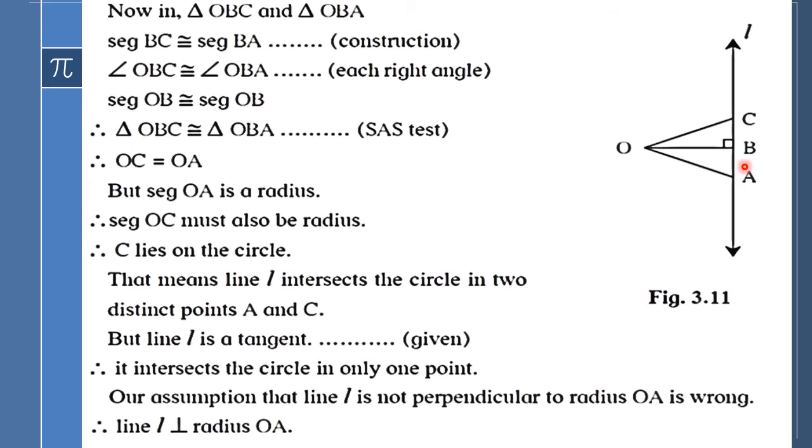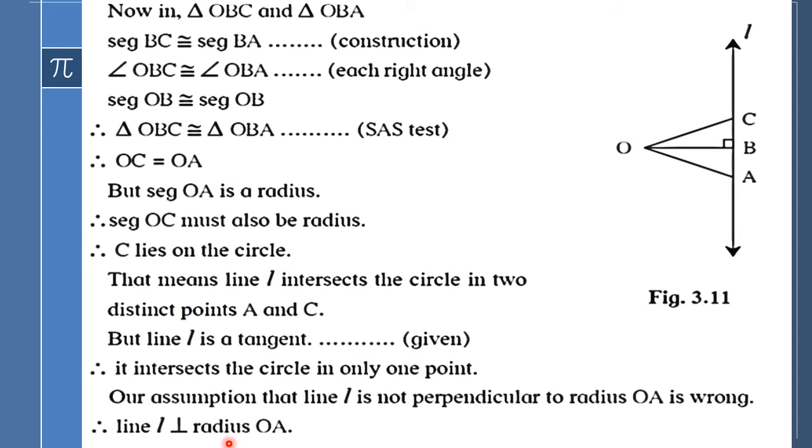So this is against the definition of tangent. You know that a tangent can touch the circle only at one single point. If it is touching at A, then it cannot touch at any other point on the line. So if the line intersects the circle at two points, then it is not a tangent. But since line L is a tangent, it intersects the circle in only one point.